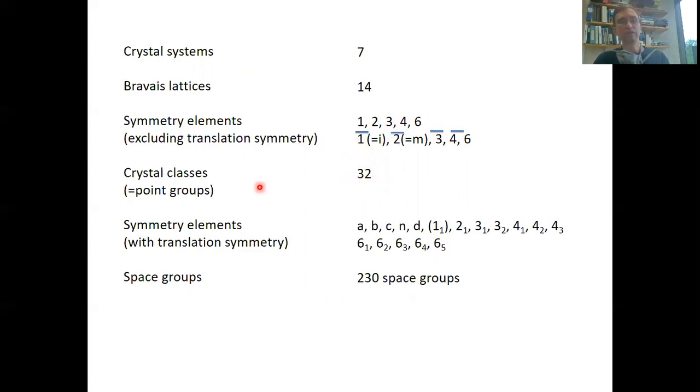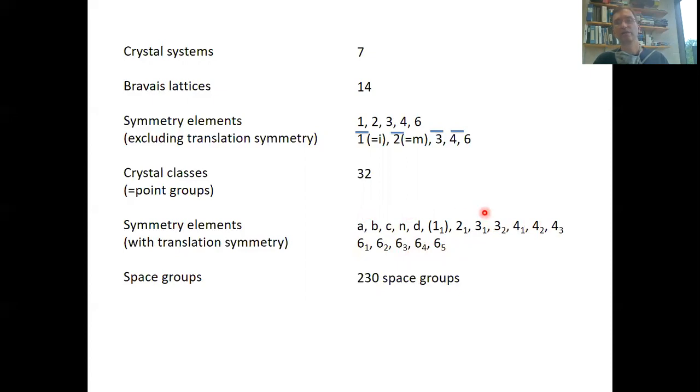So now we have additional symmetry elements that contain translational symmetry, and these are the glide planes a, b, c, n, d, as well as the screw axes 1_1, which doesn't really count because it's the identity, 2_1, 3_1, 3_2, 4_1, 4_2, 4_3, 6_1, 6_2, 6_3, 6_4, and 6_5.